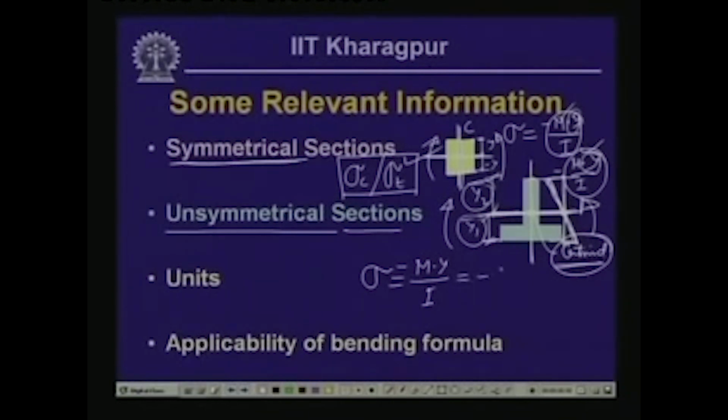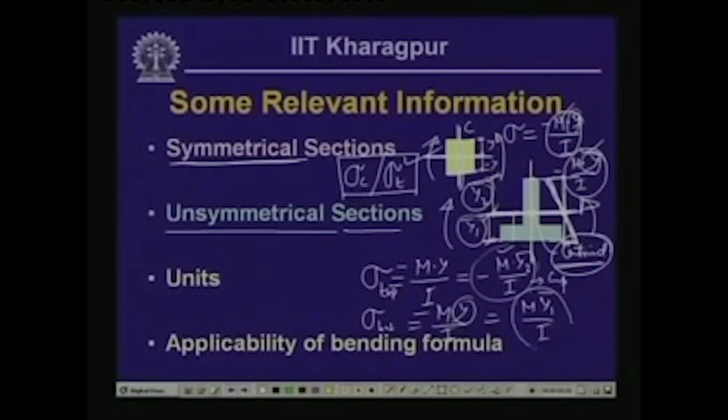So, this is equal to minus M y2 bar by I, and if M is positive, then this quantity is negative and this is compressive stress. This is sigma top. Now, sigma at the bottom is equal to minus M y by I, and y will be negative with respect to this, which is minus y1 bar. So, this is going to be a positive quantity, M y1 bar by I, and according to our nomenclature, this is tensile stress.